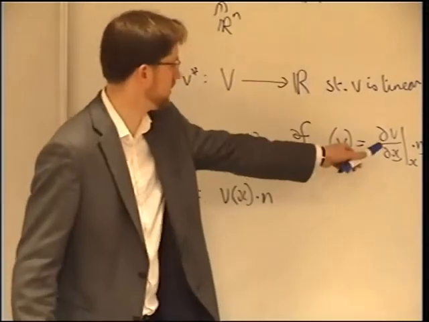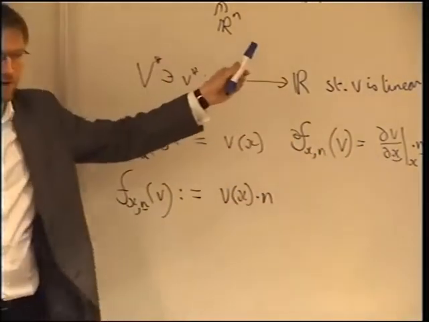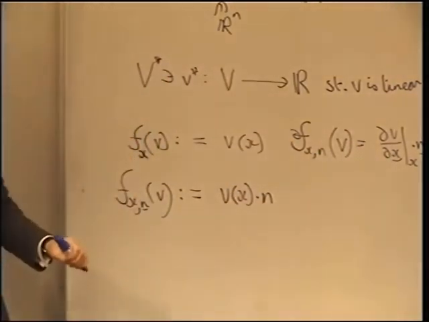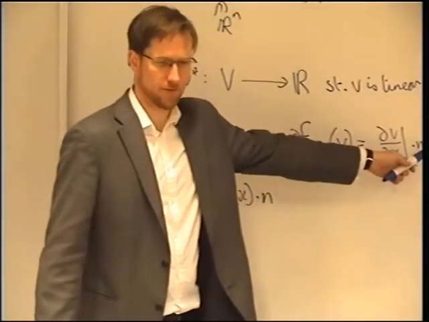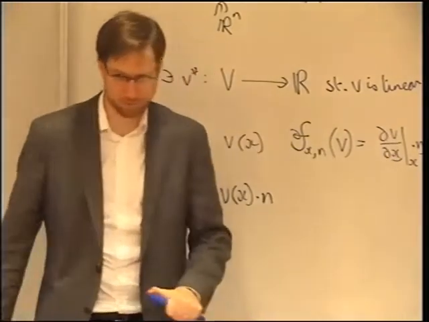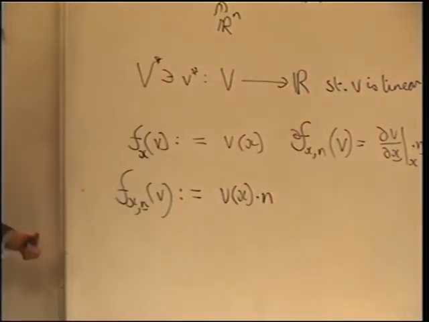So remember, when I take a gradient in general in Rn space, a gradient is a vector, it has a direction. So if I want a number out, I have to choose the direction I want the gradient in. But the gradient evaluated at that point is a number.